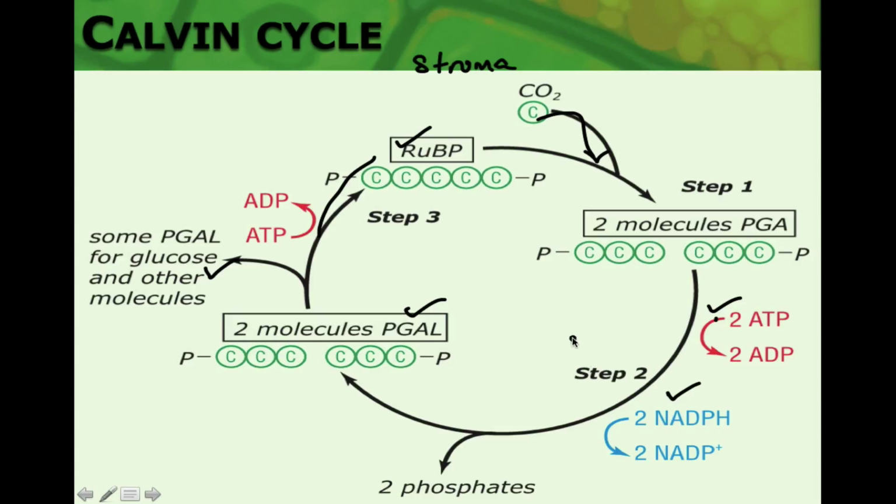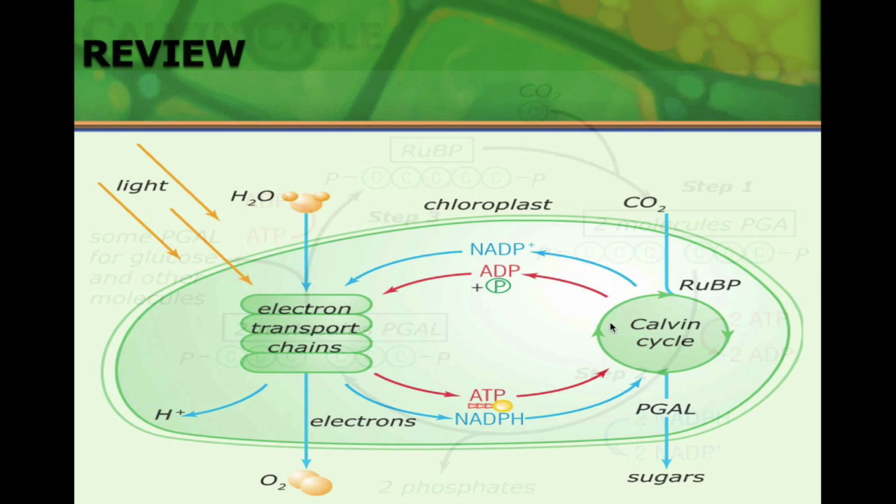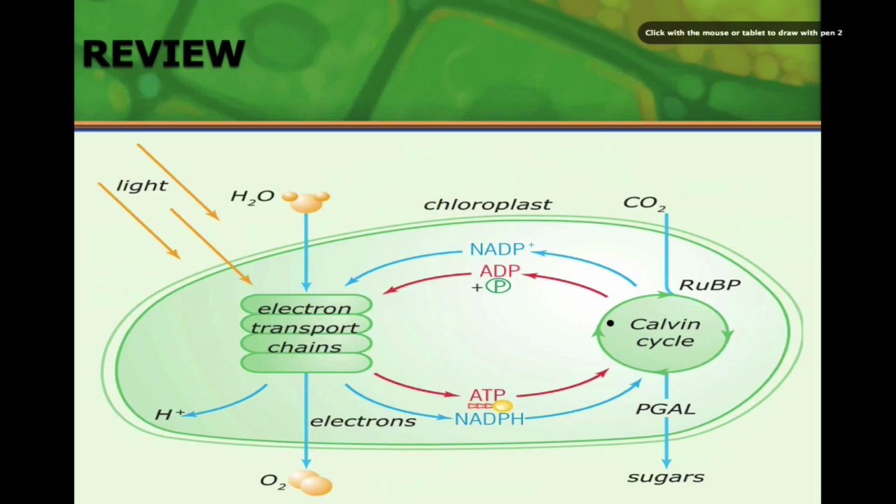So keep in mind, even though we're going through this whole process step by step, this is occurring simultaneously inside the chloroplast. And this is how the plants will produce the sugars and also release that oxygen. Let's take a look at another diagram showing the overview of photosynthesis, the light-dependent and the Calvin cycle. Over here we have the light-dependent reaction.